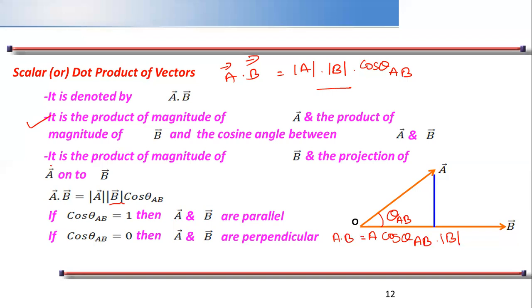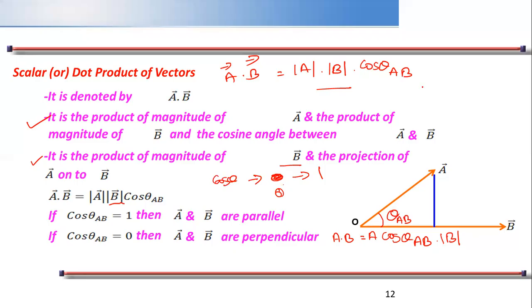Okay, so you can explain it in two ways: mod A mod B into cos theta AB, as well as the magnitude of B times the projection of A onto B, that is mod A mod B cos theta AB. Then you know the value of cos theta varies from 1 to 0 as theta goes from 0 to 90 degrees. I'm not going below or above 90 now.